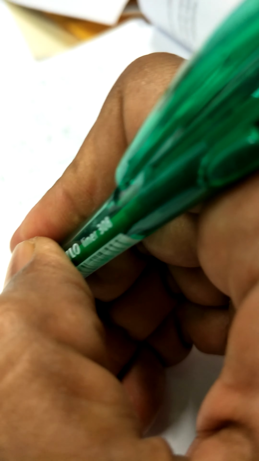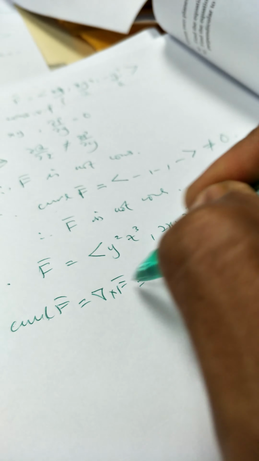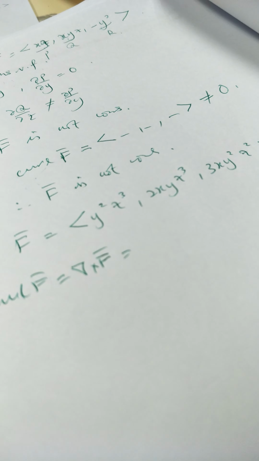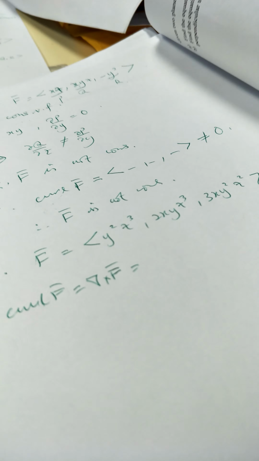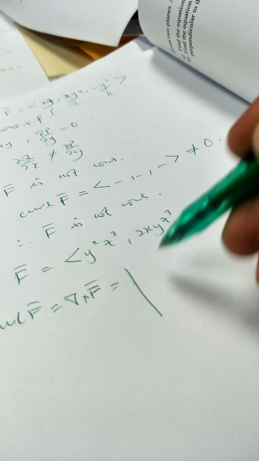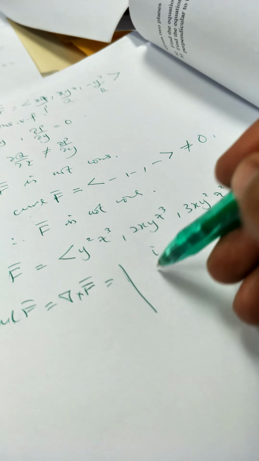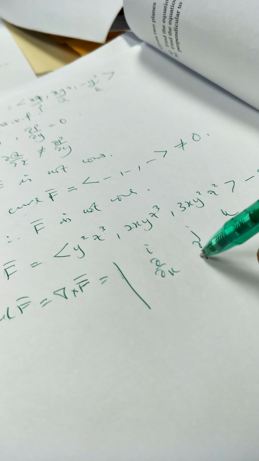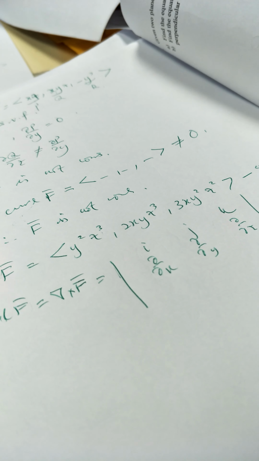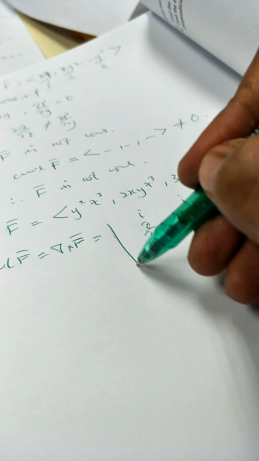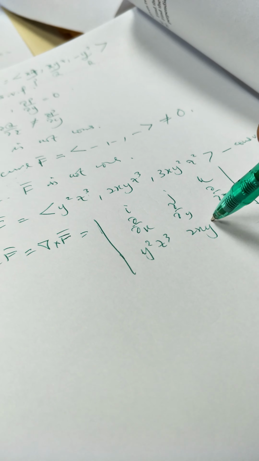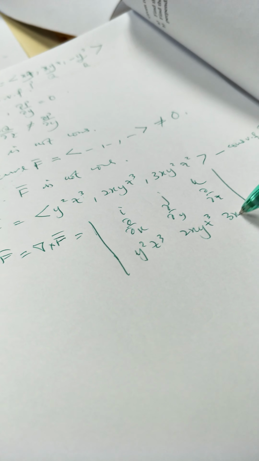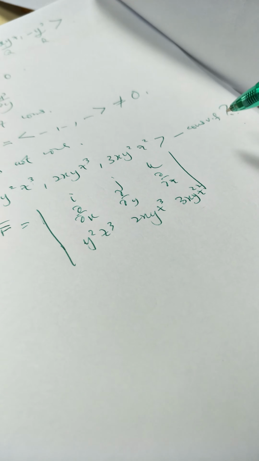Okay, so the curl of F gives you that. You can use the previous relation that we have, or use the fact that the curl of F must equal 0. You just find it. So we have i, j, k, del x, del y, del z, and y squared z cubed, 2xyz cubed, 3xy squared z squared.